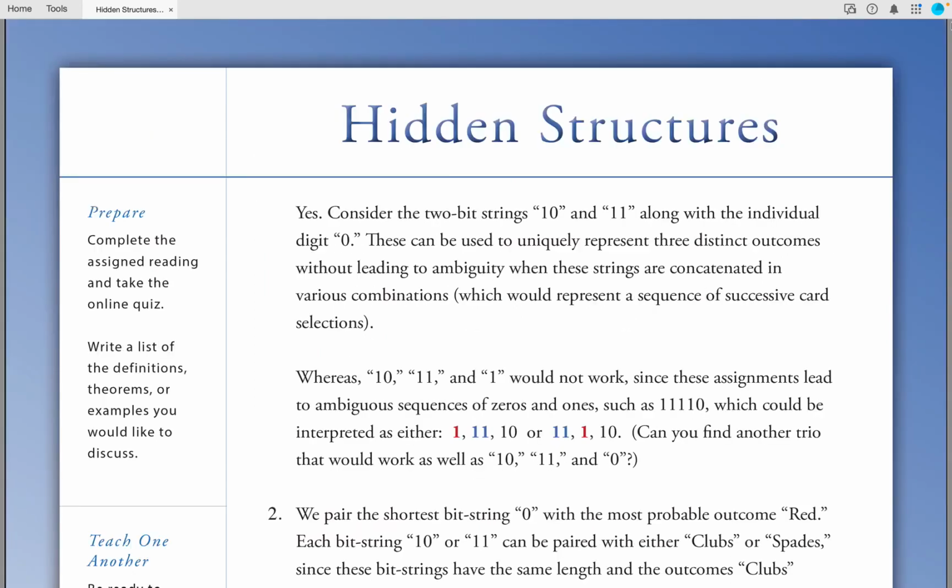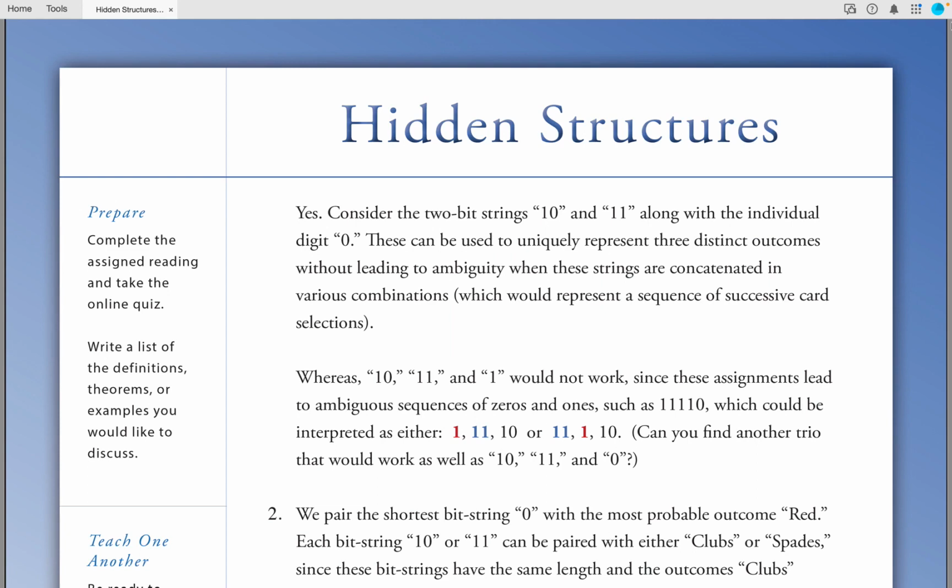Yes, consider the 2-bit strings 10 and 11 along with the individual digit 0. These can be used to uniquely represent 3 distinct outcomes without leading to ambiguity when these strings are concatenated in various combinations, which would represent a sequence of successive card selections.